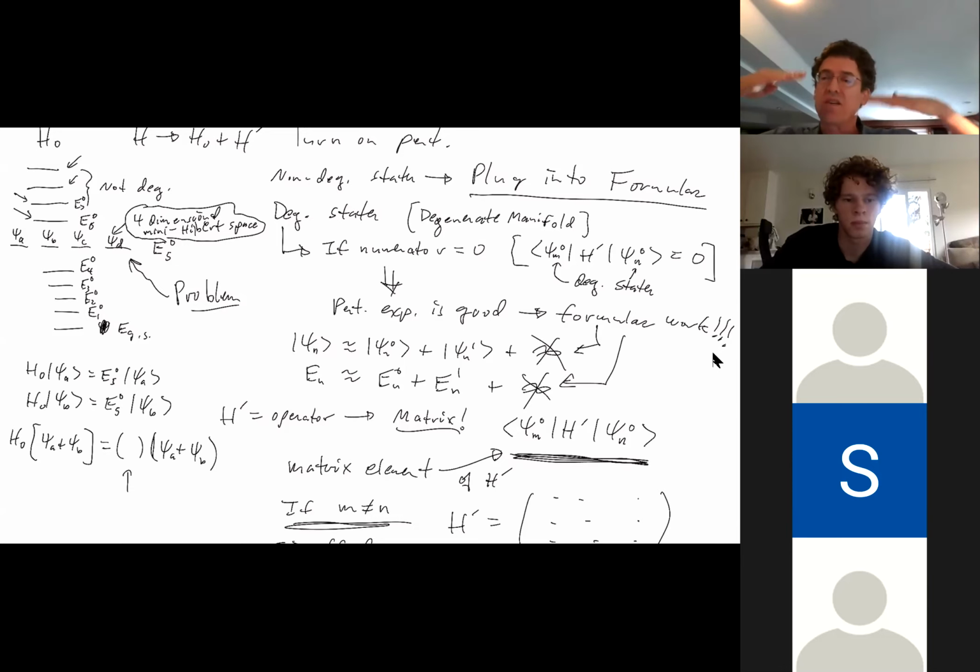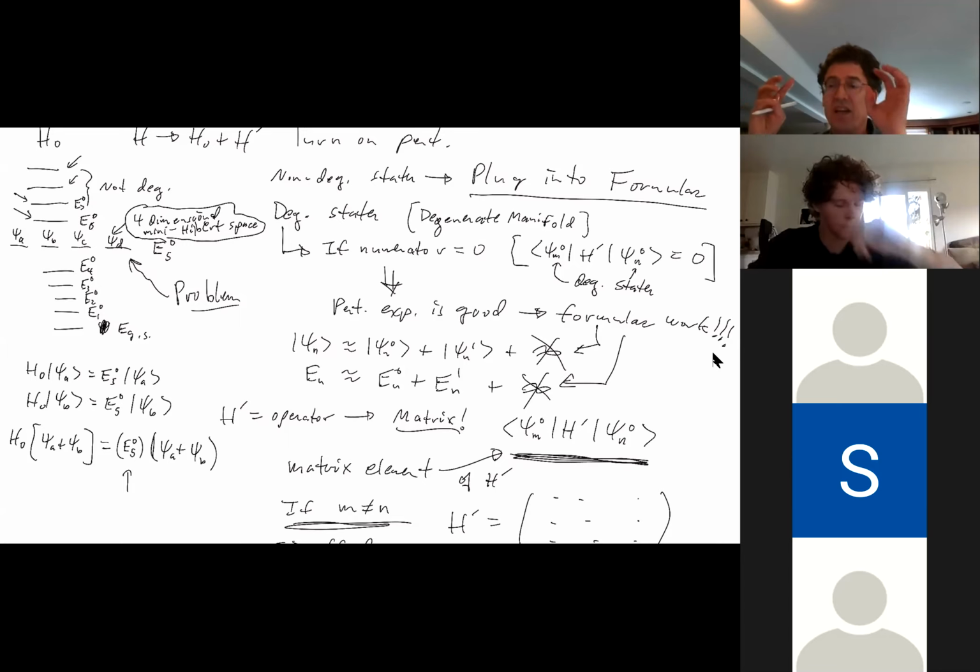If I take 2 degenerate states and add them together and create a new state, and let's assume it's properly normalized with some multiplicative factor that I'm ignoring, what is the eigenenergy of this arbitrary superposition of 2 degenerate eigenstates? If I hit H naught up against that, what is in front? The same energy, E5. That is right.